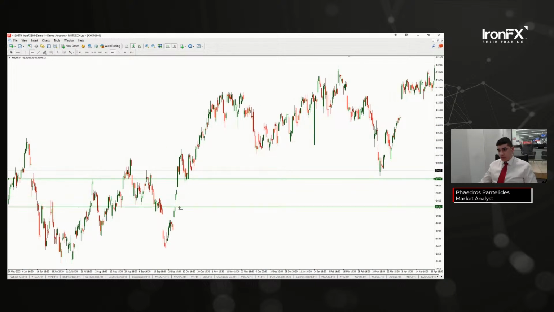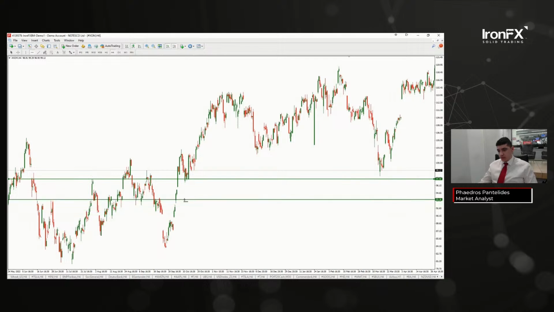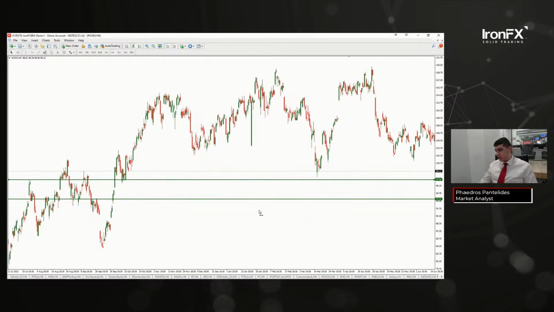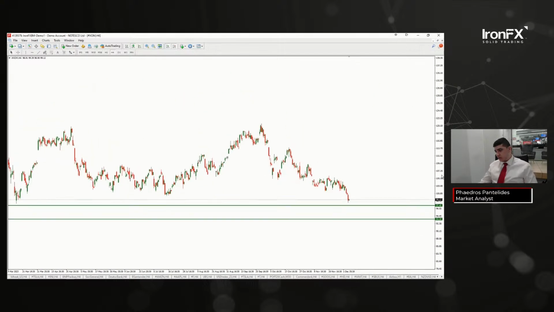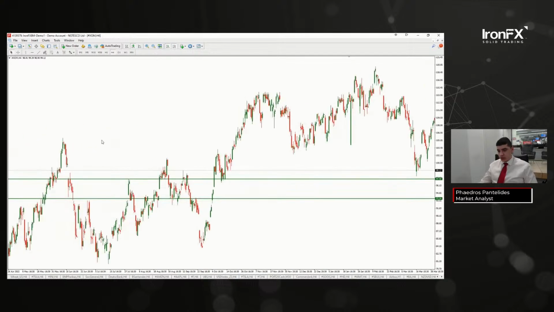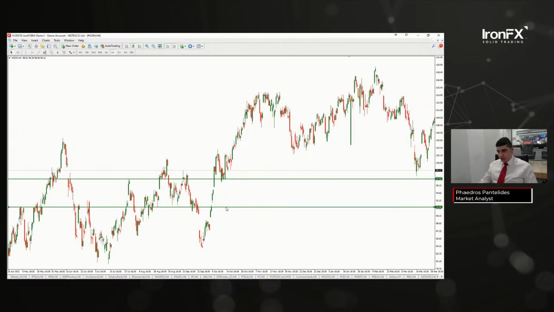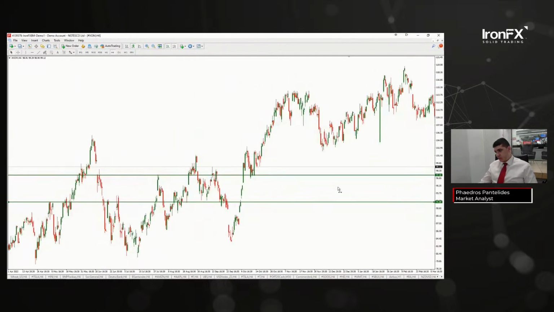And then for S2, previous high. But actually might be a bit too close to S1. So we can begin.